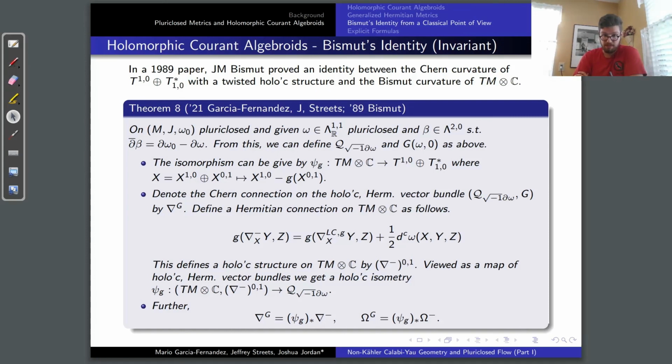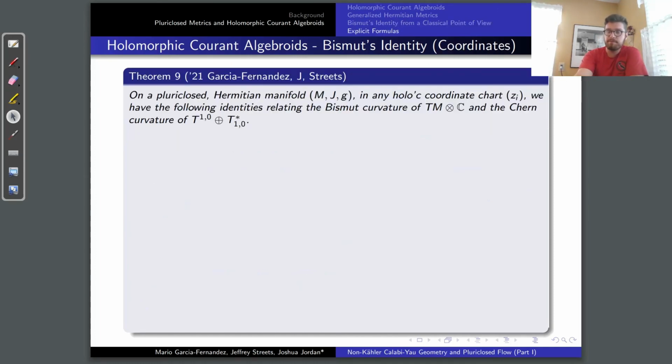That forces the minus connection to be Chern. And then the pullback of the Chern curvature is going to be the Chern curvature. So it's kind of smart alecky, but it's really nice. I mean, it's very beautiful. So we have this relationship between curvatures downstairs and curvatures upstairs: curvatures on the complexified tangent bundle and curvatures on the holomorphic Courant algebroid.